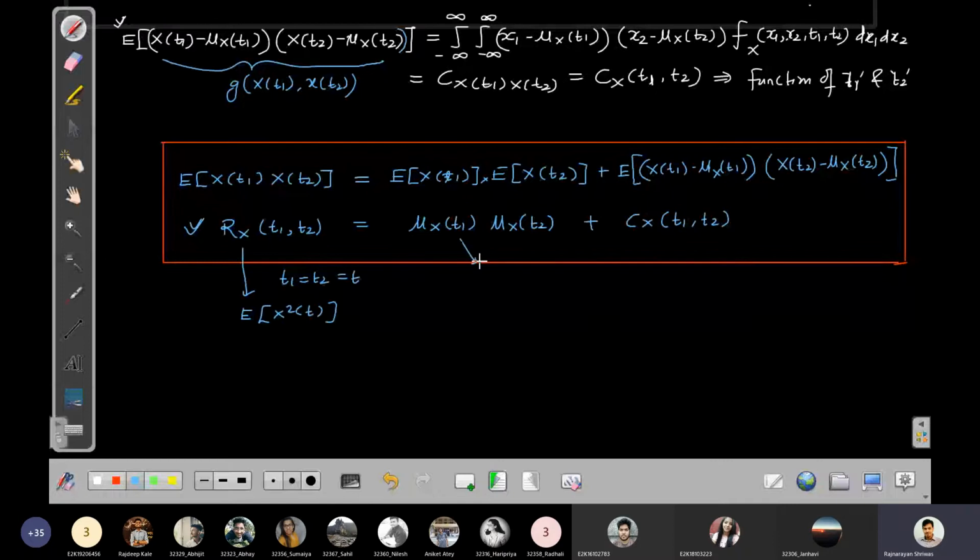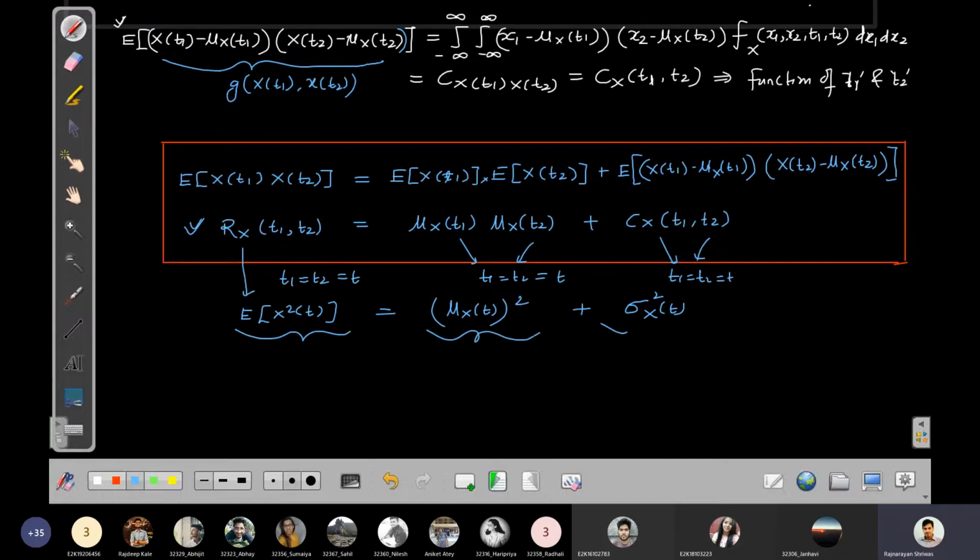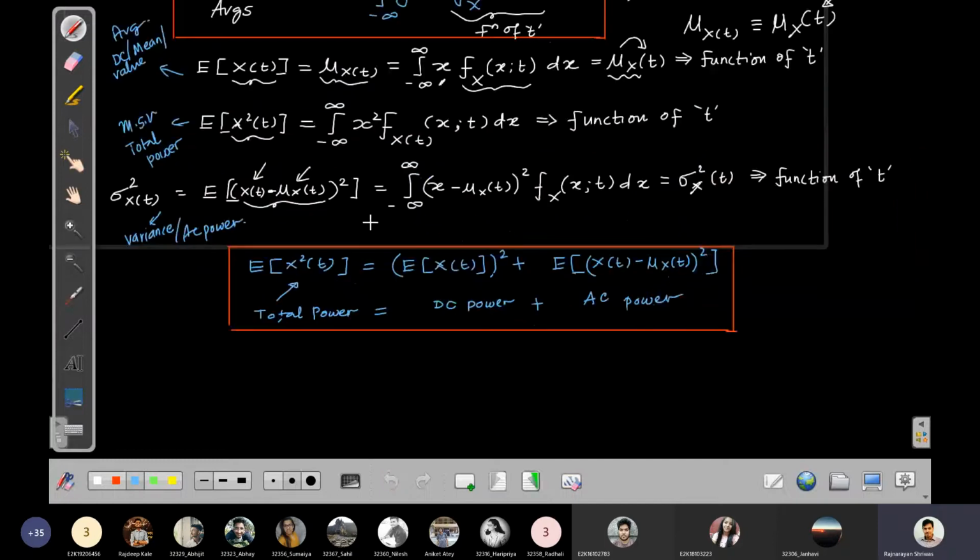And similarly, if t1 is equal to t2, then this becomes mu x t square. And when you take t1 equal to t2 equal to t, in this one you get simply variance. So again you get back your original form.